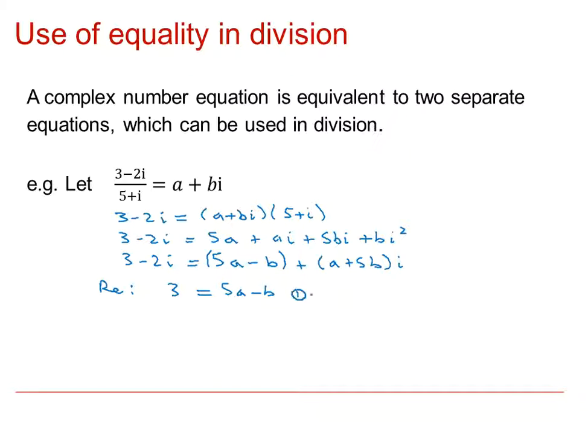I'll call that equation 1. If we now look at the imaginary parts, there's a minus 2 on the left hand side, there's a plus 5b plus a on the right hand side, and those imaginary parts must match as well. And if we solve these equations simultaneously, we will find that a has to be exactly 1/2 and b has to be exactly minus 1/2.